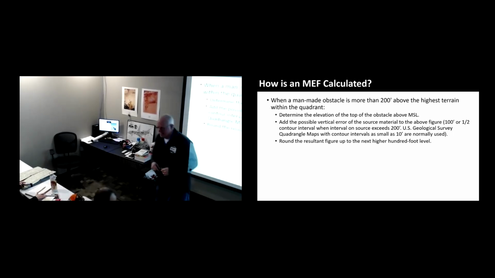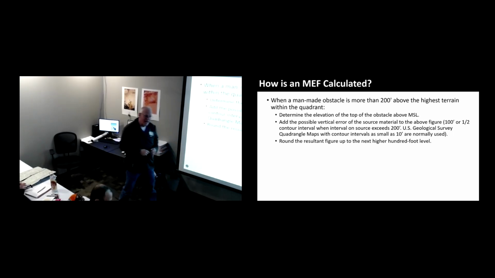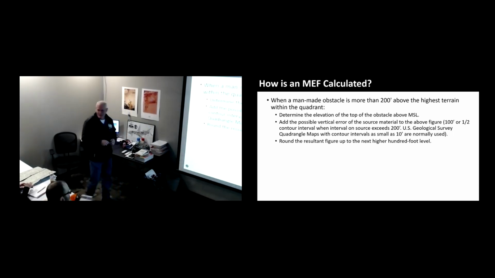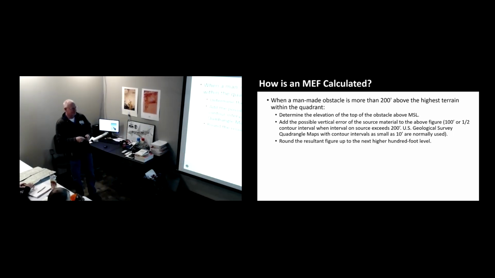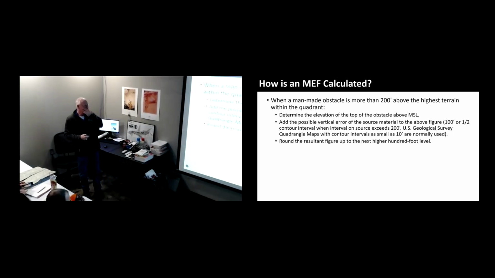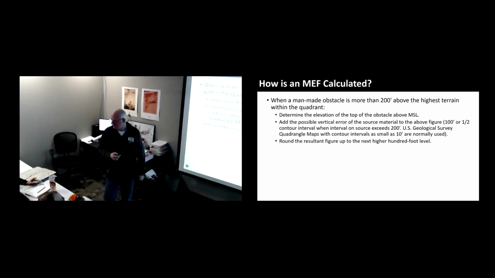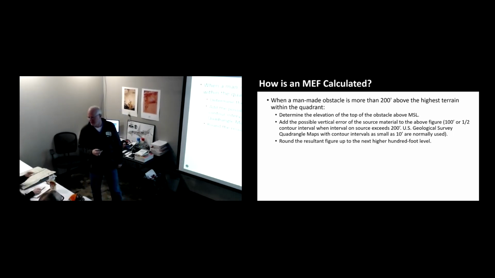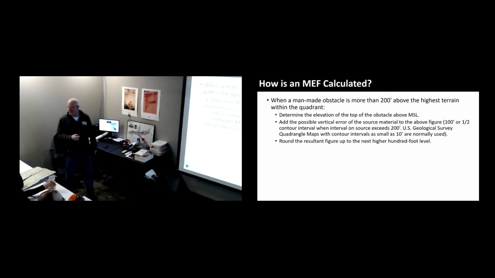It's quite likely that's going to be the highest obstacle, but I don't know right offhand. I think it's right there near Manayunk and all those radio towers, right? Yeah. What's the MEF in that quadrangle? 1,700? Okay. So it's most likely going to be those towers.